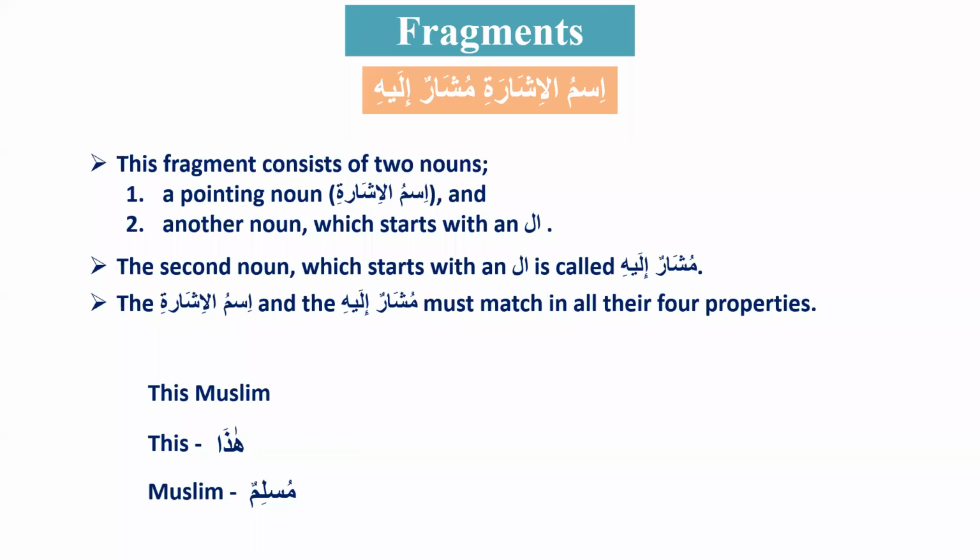Did you say the al? Yeah, I said al. I forgot to add the al before. So Arham, you have to put an al with this Musharun Ilay. Otherwise, it cannot be Musharun Ilay. So Hazal Muslimu, this Muslim.